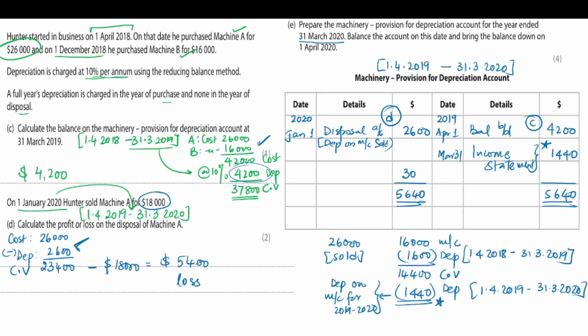It is the balance carried down in provision for depreciation machinery account. So balance carried down on March 31st. So that means, and they told on 1st April, balance brought down in 2020. So that means in 2020, April 1st, we had balance brought down 3,040. This is how you would solve this sum.